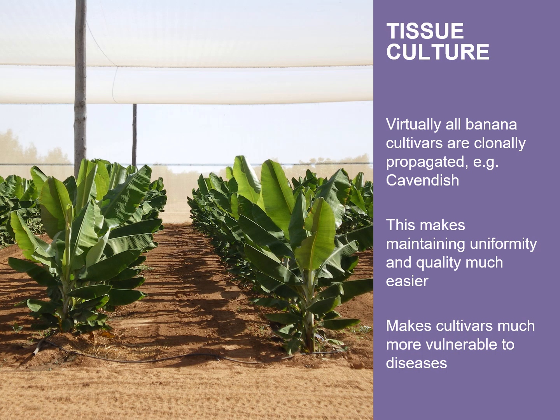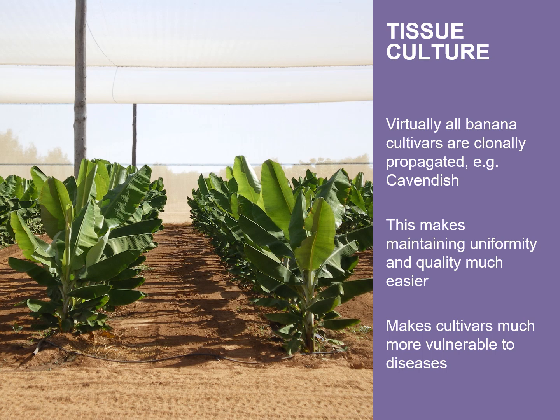This makes maintaining their quality and uniformity much easier, and it also speeds up the life cycle of the banana tree substantially. And if you've ever eaten a Cavendish banana, you'll know that they don't have seeds in. For that reason, the plants are incapable of their own reproduction, so they have to be reproduced vegetatively and artificially.